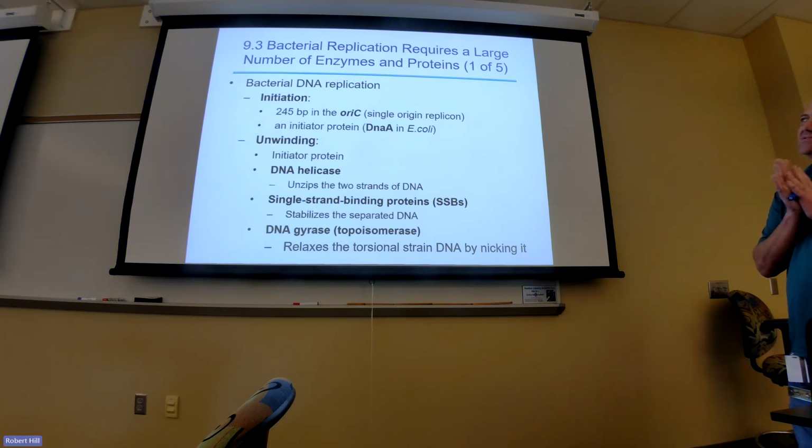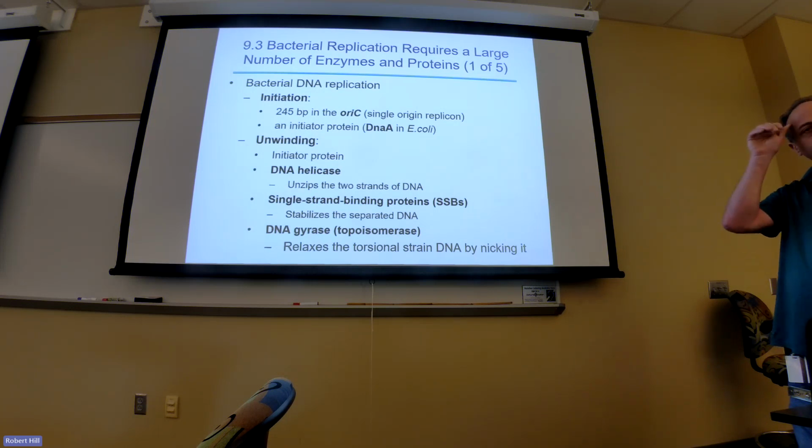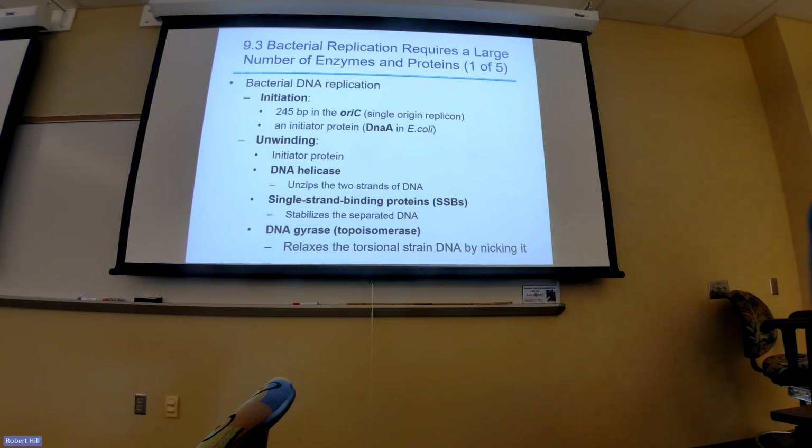When this was initially discovered in bacteria, they didn't have the word DNA polymerase yet. They didn't know anything about helicase yet. They just started labeling these proteins DnaA and DnaB. Those are really the only two you need to know at this time. So DnaA is the initiator protein, and DnaB is DNA helicase, the enzyme that unzips the DNA.